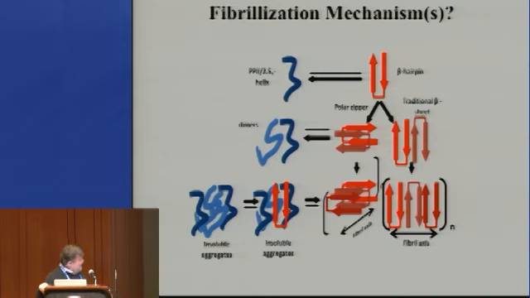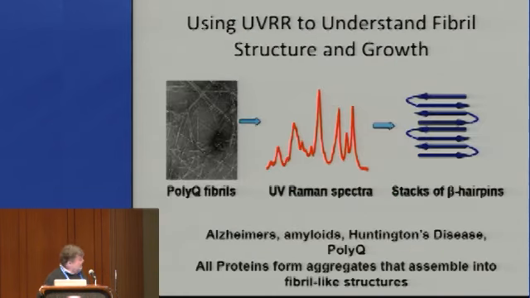And the question is, how does it fibrilize to form the final fibril? And what is the conformation of that fibril for this poly-Q? So the idea is we make the fibril, we study the monomer solution, we try to capture the aggregate solution, we study the fibrils, and hope to get insight into the structure and the mechanism.